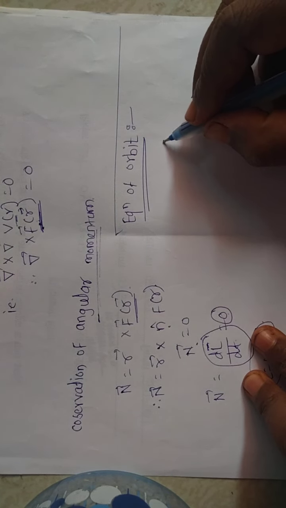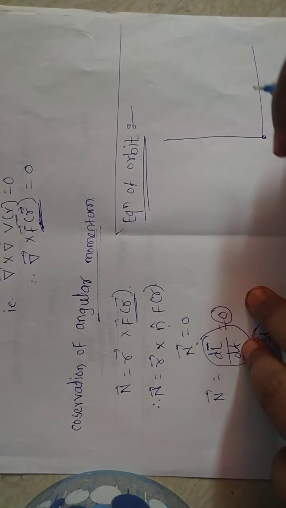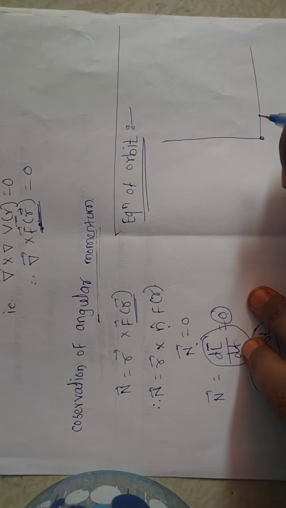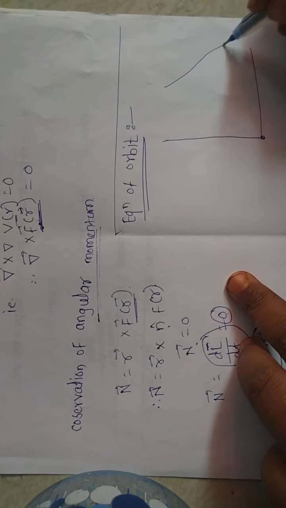Suppose angular momentum is conserved and the motion is planar. Because angular momentum is conserved in the central force field, the motion is planar like this.